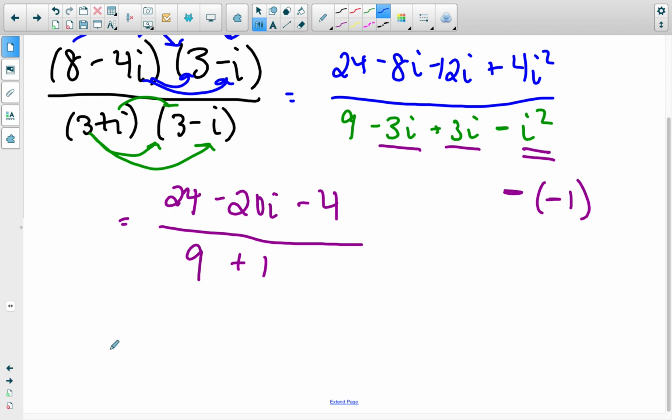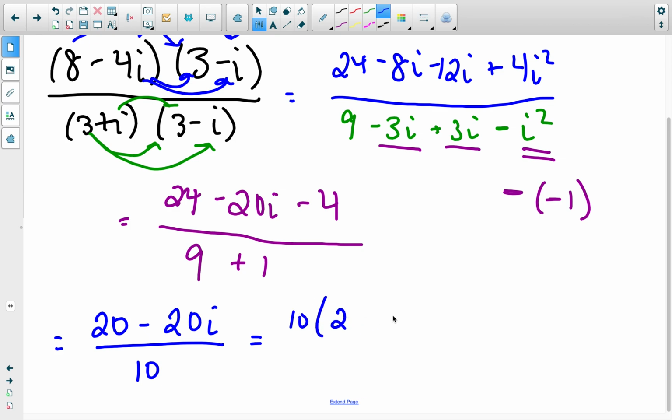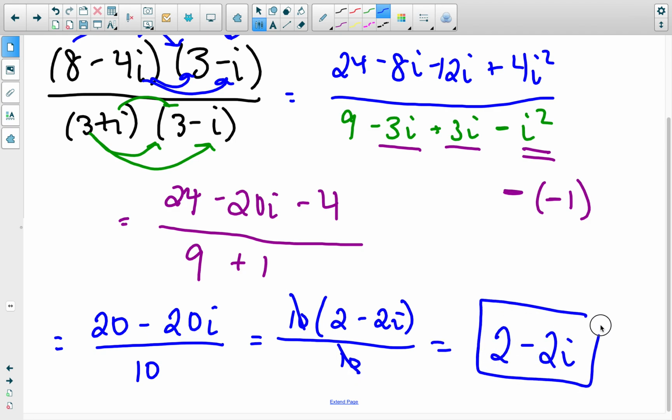Almost done. Just a little bit of cleaning up left to do. The numerator turns into 20 minus 20i over 10. And then just for the sake of being as fully simplified as possible, let's factor out a 10 from the top. 10 times 2 minus 2i divided by 10. Those 10s will cancel, and we're left with 2 minus 2i. So our final solution is a complex number.